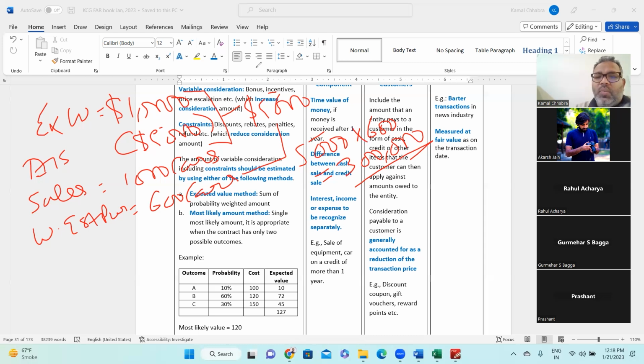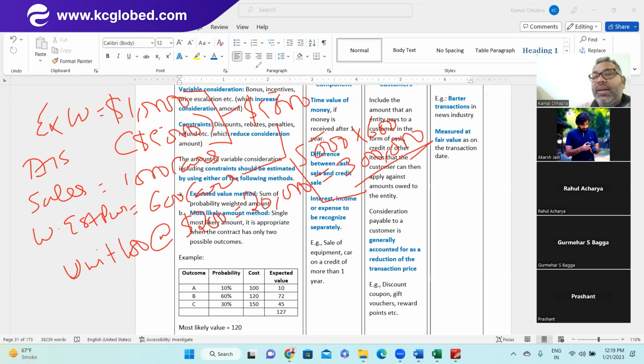Let's assume you have sold 100 units at the rate of $200 per unit. That means you have sold $20,000 worth of material to a customer in Sri Lanka.